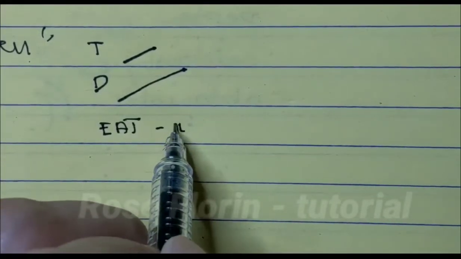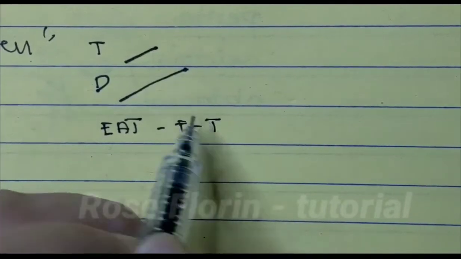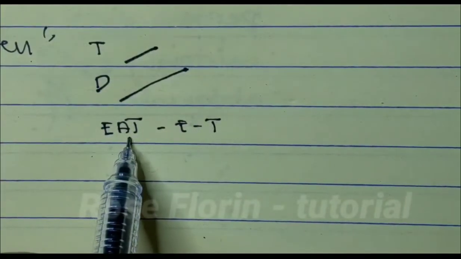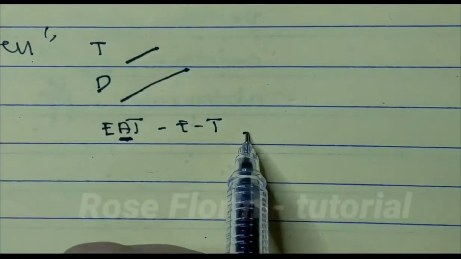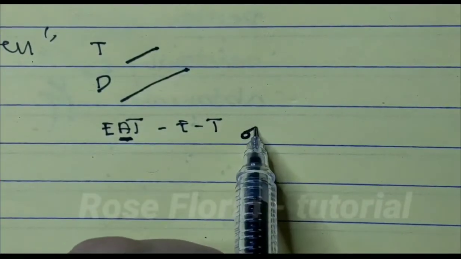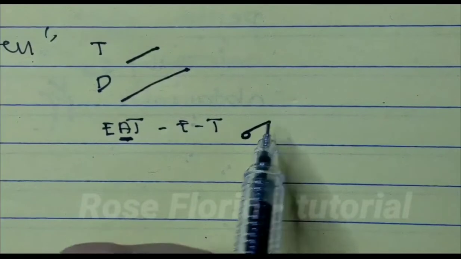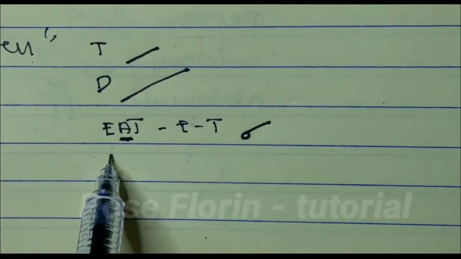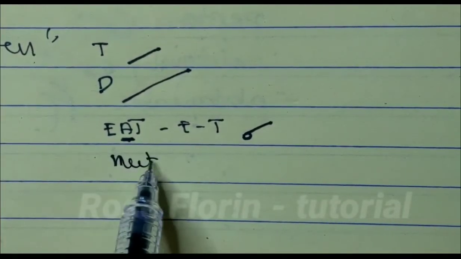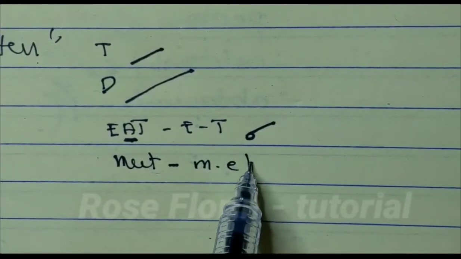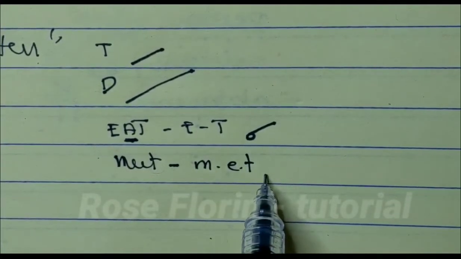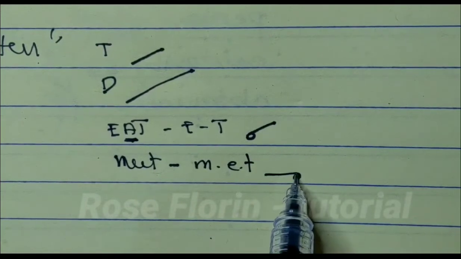Okay, letter E, letter T. Letter A is a silent letter. Okay, tiny circle and then letter T. Next, meat. M-E-T.